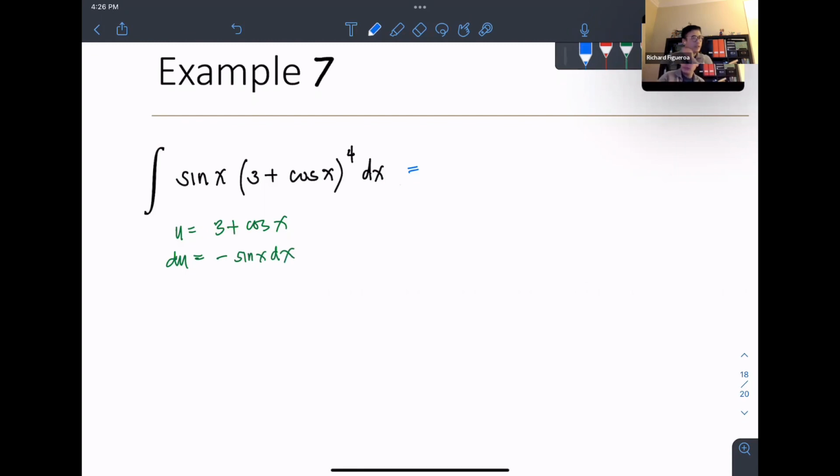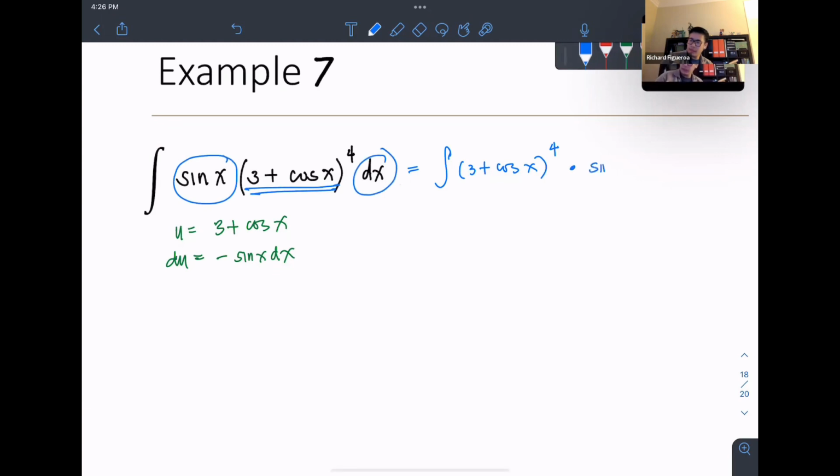So, ayan. I-rearrange natin siya dun sa forma kanina. So, to rearrange that, we start with u raised to n. So, that is 3 plus cosine x, and then raise it to 4. So, 3 plus cosine x raised to 4. And then, ito yun, di ba? So, ang sobra niya is sin x dx. So, I'll multiply it here: sin x dx.